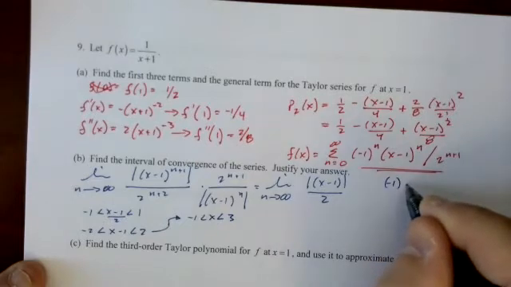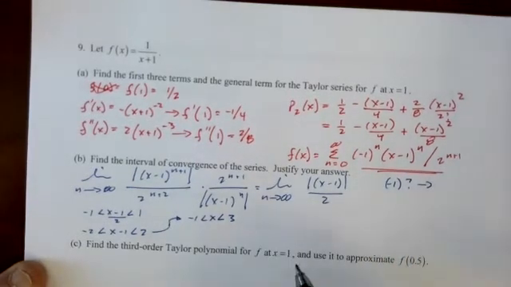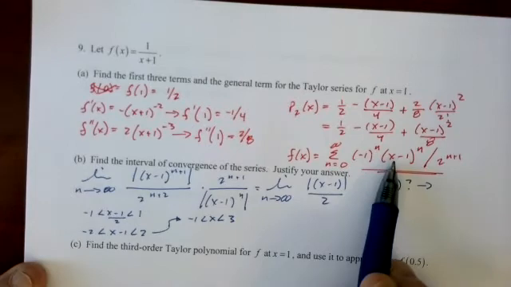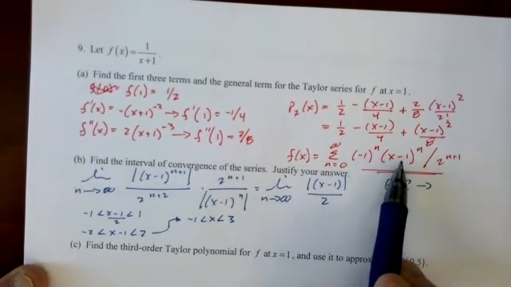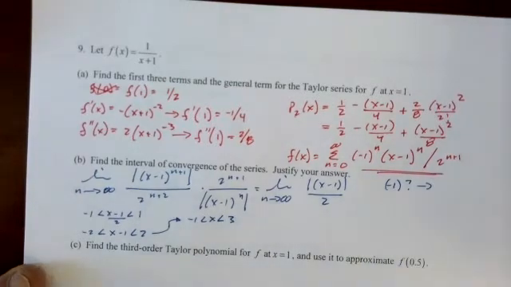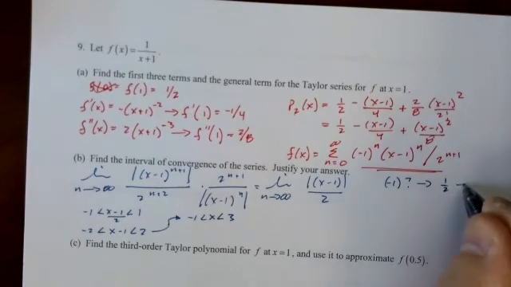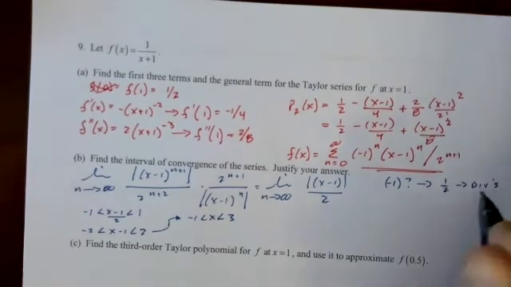Negative 1. Plug in negative 1 up here. I get negative 2 to the n. Pull out the negative part, they cancel. I get 2 to the n over 2 to the n plus 1, I get 1/2. So it diverges.